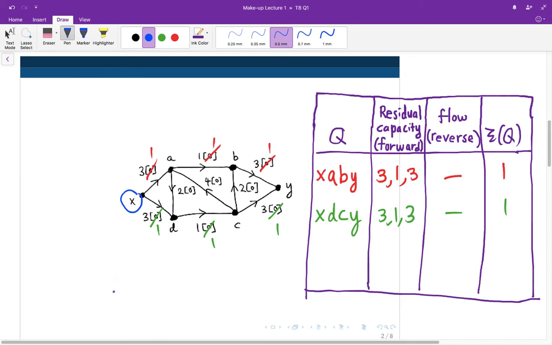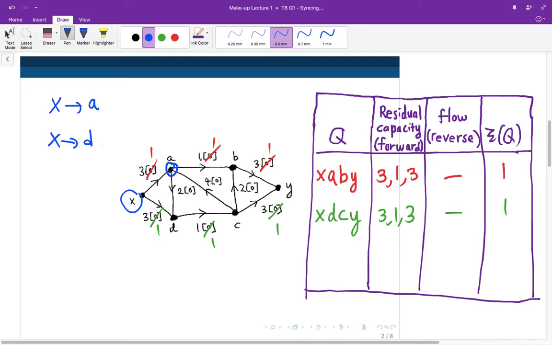So let me write down here. It's possible that we go from X to A or going from X to D. Now, suppose we go from X to A. Okay, suppose we are here. Then we can't go from A to B because the arc has been saturated.